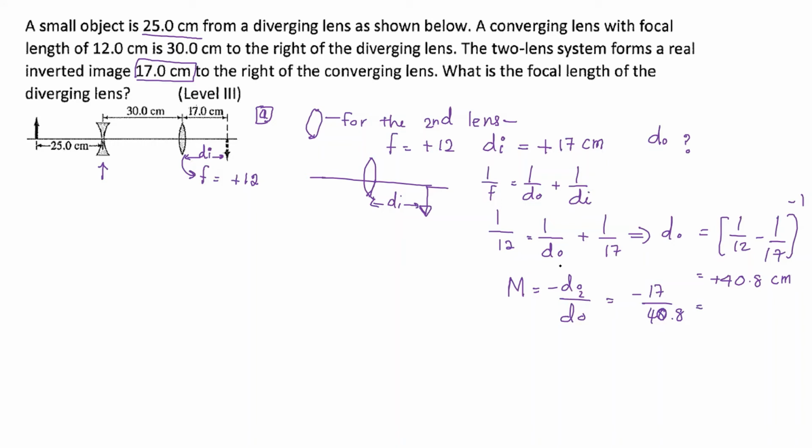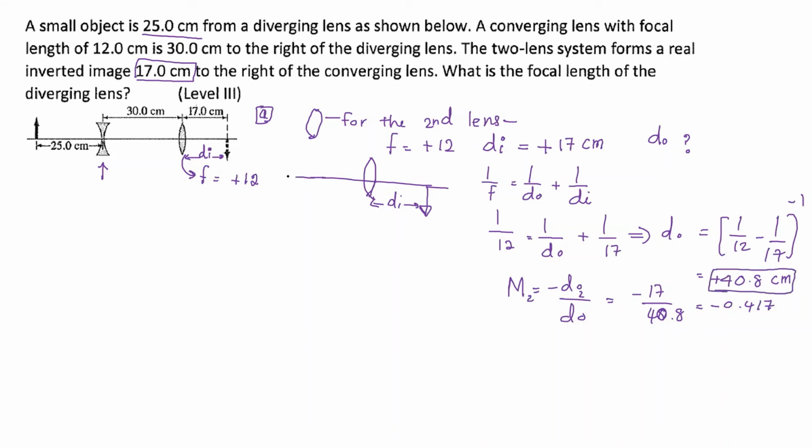So you have got negative 0.417. It is not needed for the problem. I just did it. Okay. So we found the location of d naught. Here I got the value for d naught as positive 40.8.